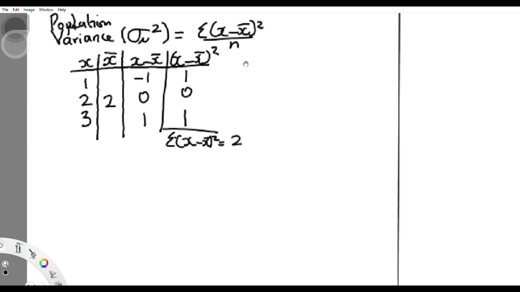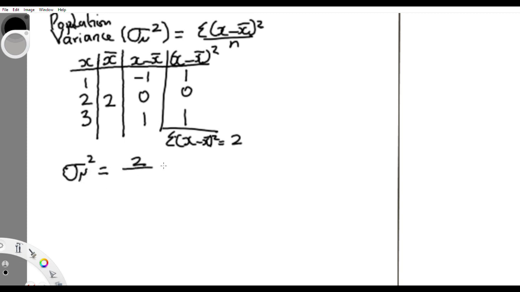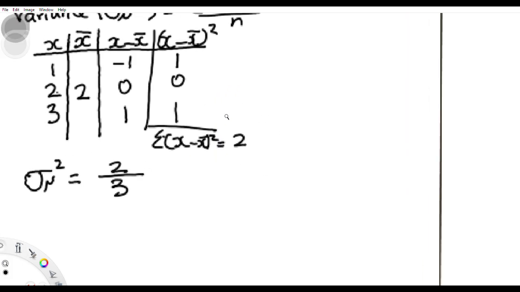Now divided by n. So the population variance equals 2 divided by 3. Remember n is 3. Okay, now we've known the population variance, we need to get the sample variance.